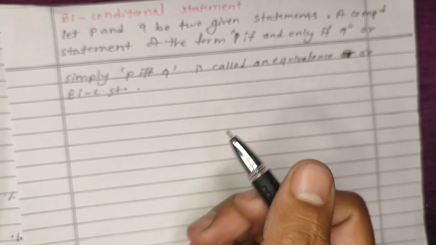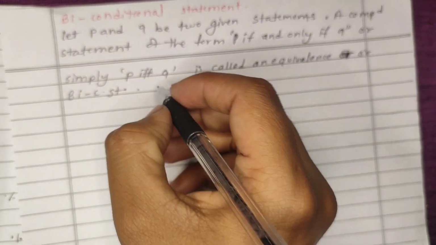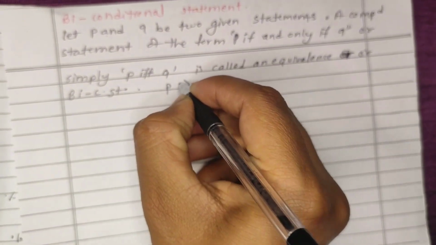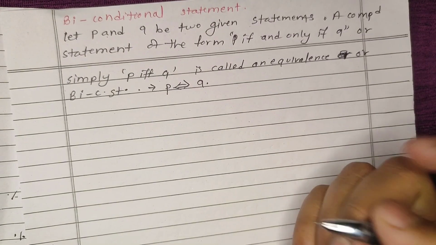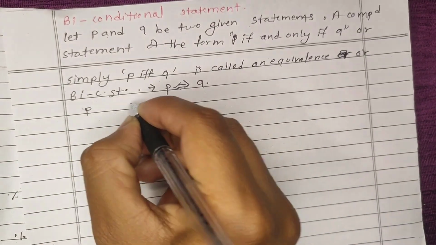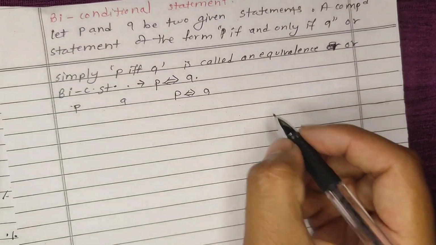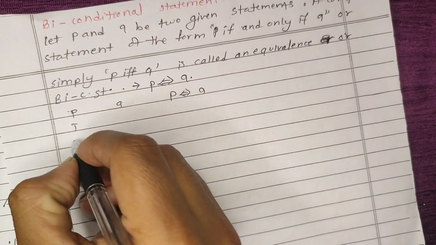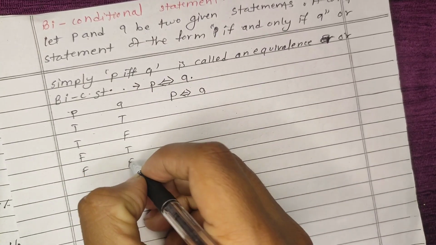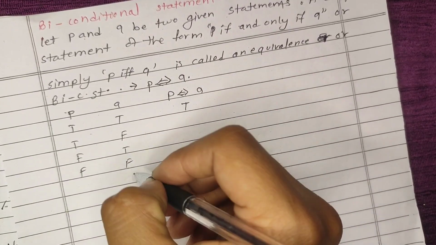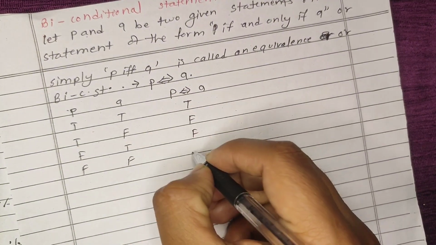Now let's move to the truth table of this statement. Firstly, we denote this as P double arrow Q. For P, Q: true true, true false, false true, false false, it gives true, false, false, true.